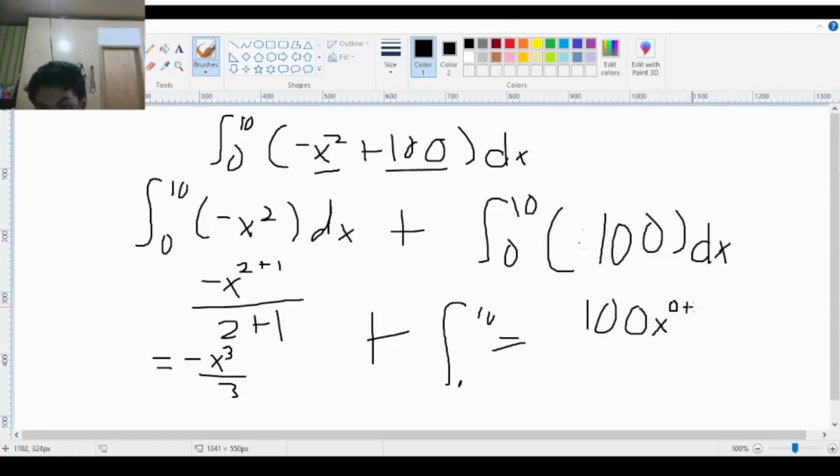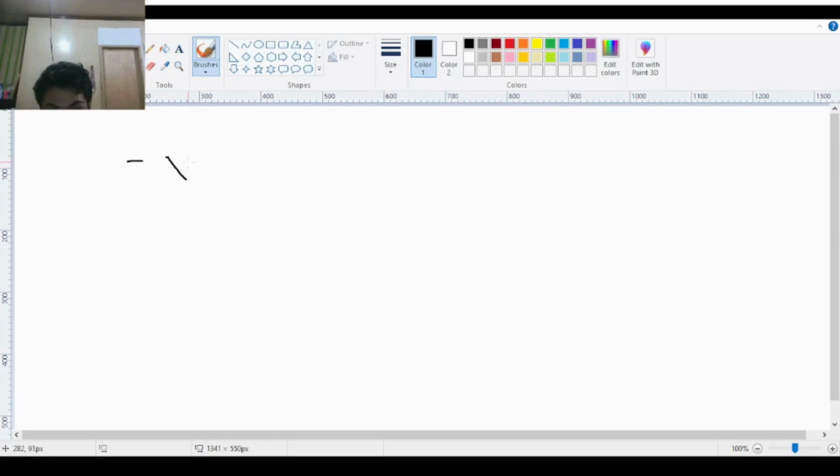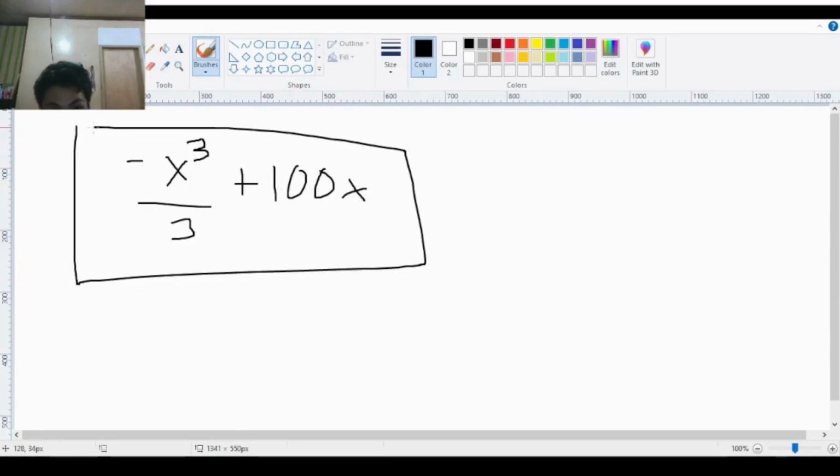And we add 1 all over 0 plus 1. That would equate to 100x over 1 or 100x. So with that, we can combine the two into negative x cubed over 3 plus 100x. So that will be our final answer.